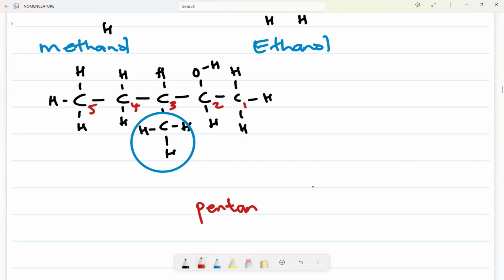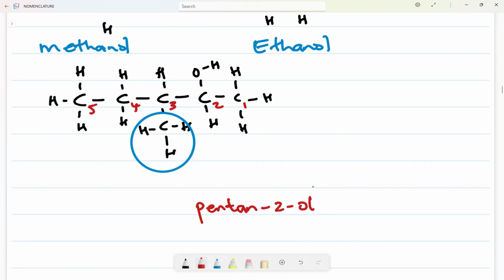Now the functional group of the alcohol is OH. I see OH on carbon number 2. On carbon number 2, I have an -ol. I have a longest chain of pent, but on carbon number 2, I have an -ol, and I know an -ol is a functional group of OH.